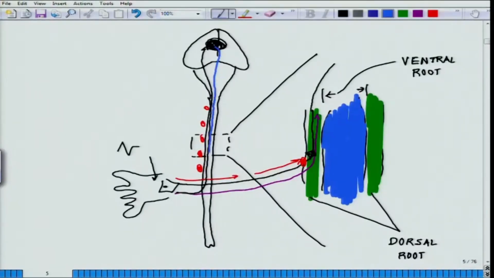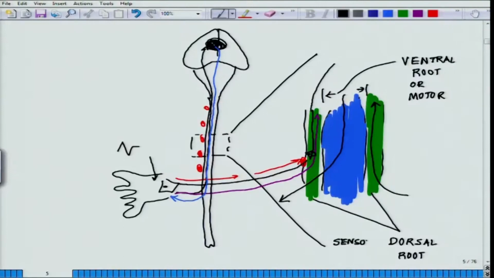This is this pathway, which tells me to remove my hand from the site where I am getting hit. That pathway, which brings the information back from the brain, is called the ventral pathway, or it is also called the motor pathway. And the other one, the one which carries the signal all the way up to the brain, is called the sensory pathway, as the name indicates.